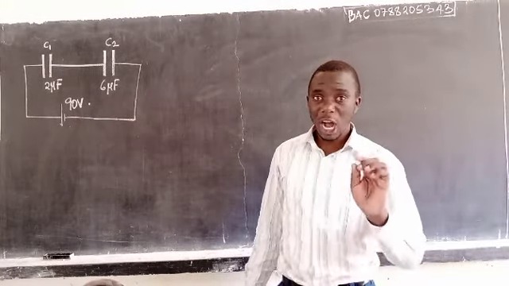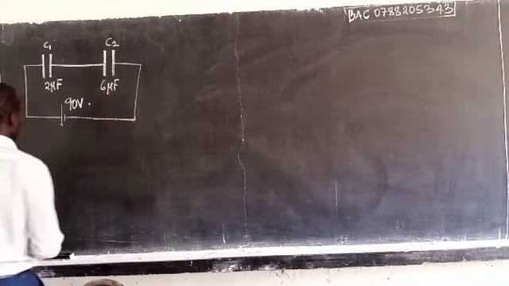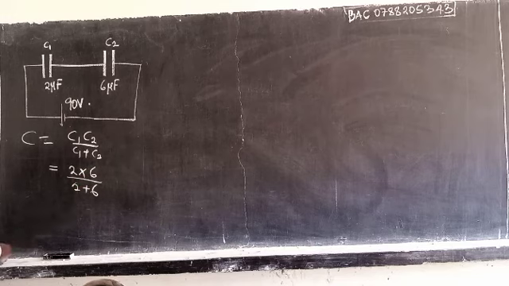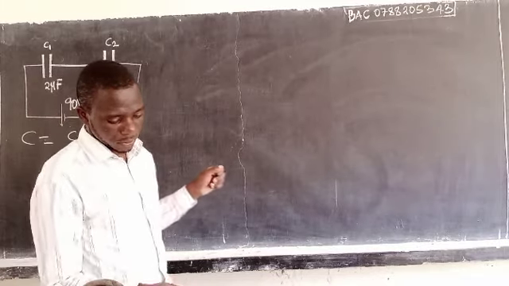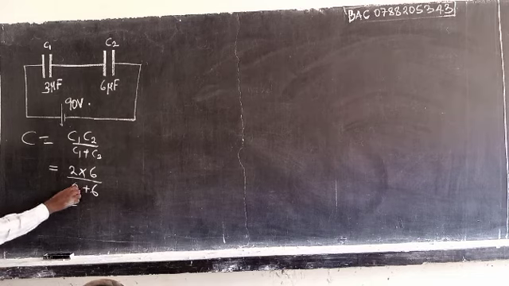And we said in series arrangement, how do we get the capacitance? They are just two, so we derived an expression that if there are two, then the capacitance is the product over the sum. So this gives us 3 times 6, out of 3 plus 6.